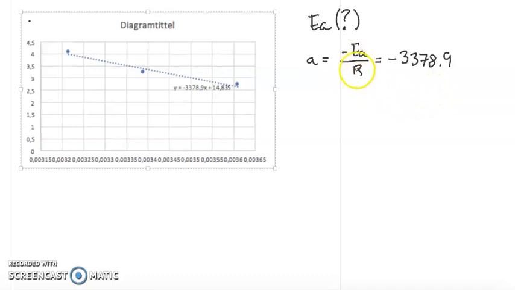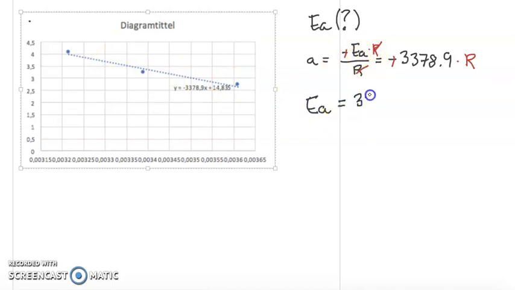So we have minus and minus, those cancel out, and we multiply by R. Oh, I'm sorry, not up on both sides of the equation. Sorry. So these two cancel each other out, and we need to multiply on the other side too. So then we're left with only activation energy on this side.